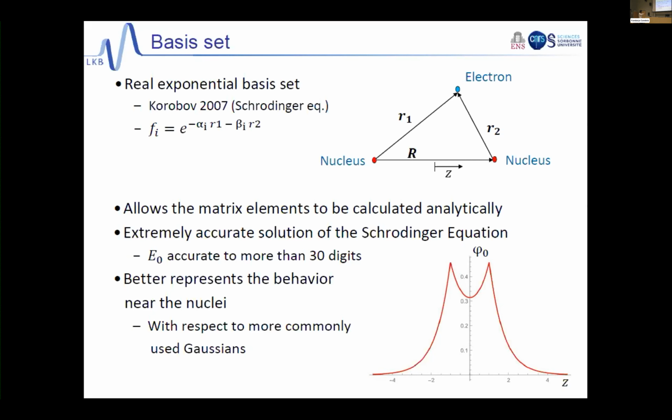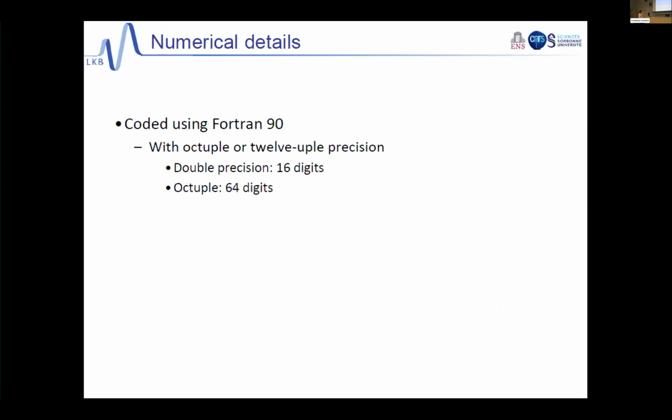I'm talking about the Schrödinger wave function, actually. I'm talking about these 2 cusps that exist on the nuclei and that are well represented by the exponential basis functions. And it also gives the right behavior at long distances.